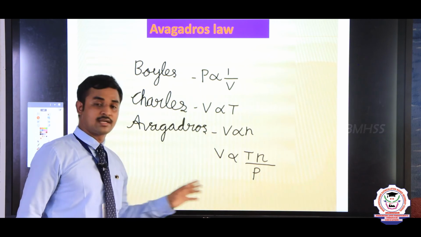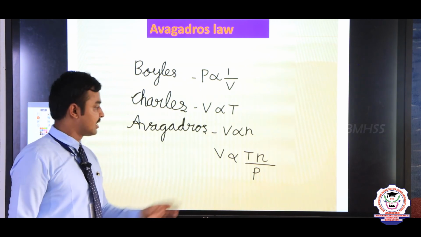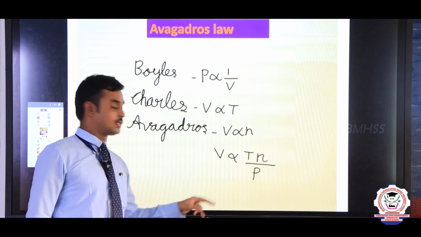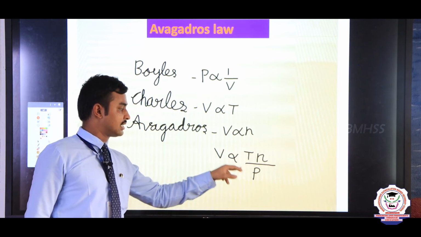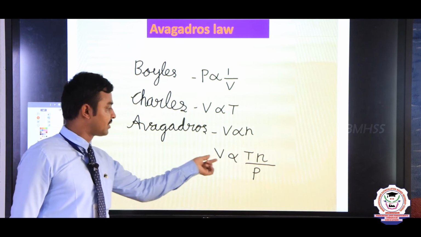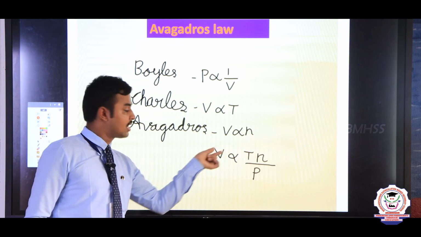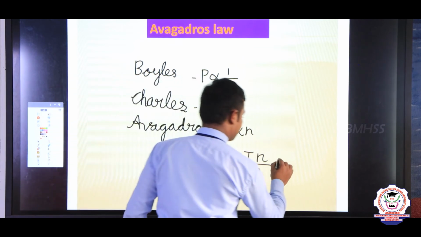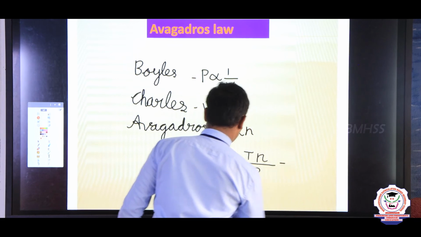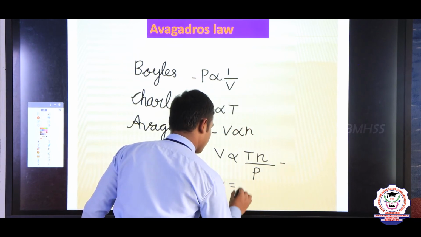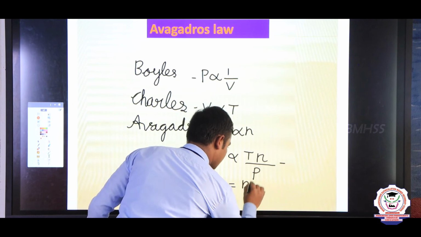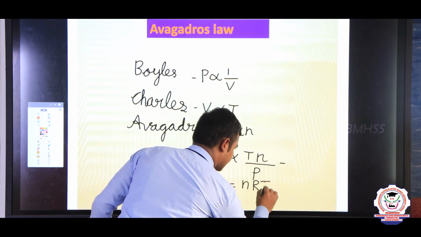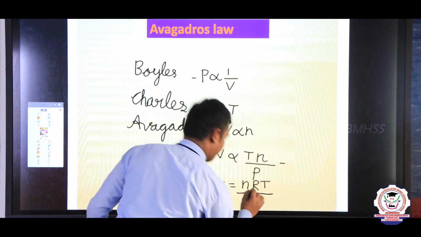When I combine these three laws, I get V directly proportional to T N divided by P. Volume is directly proportional to temperature and number of moles, and inversely proportional to pressure. If I add a constant, V equals N constant R into T divided by P.